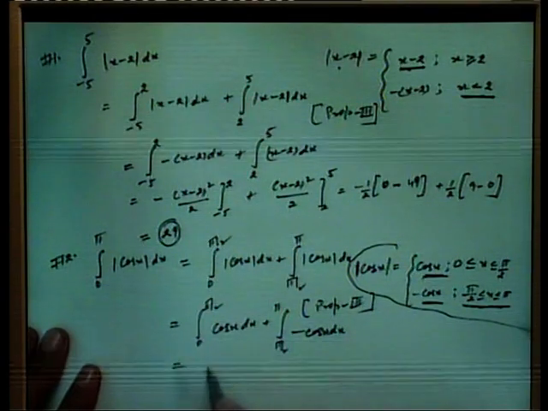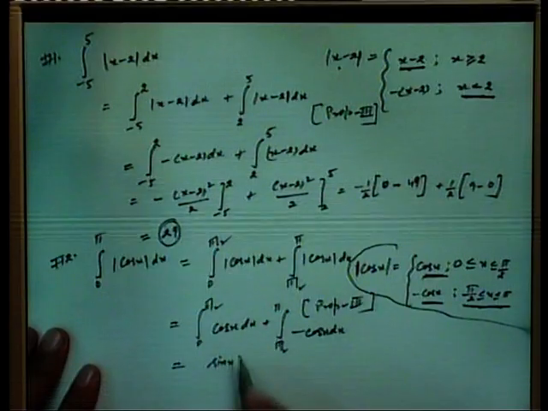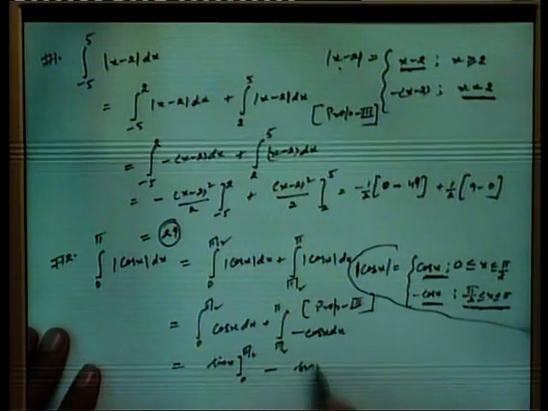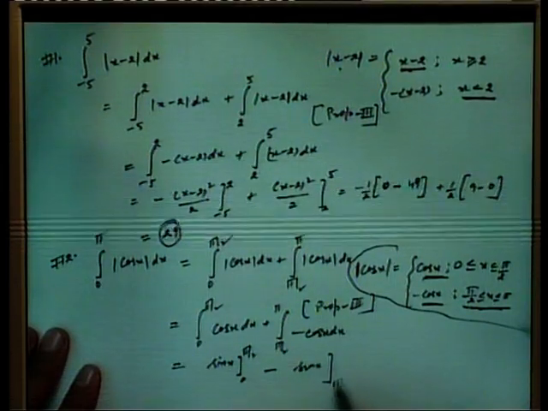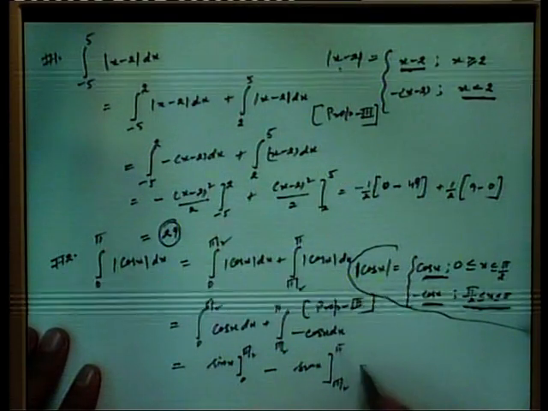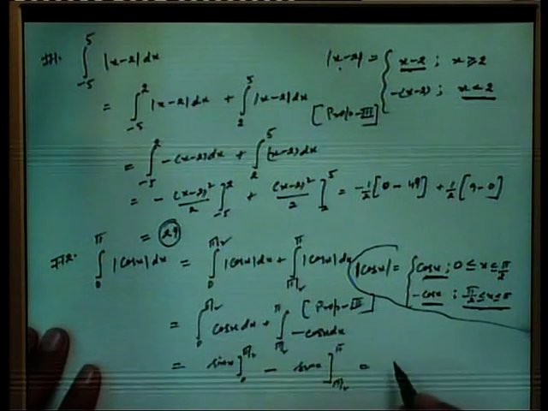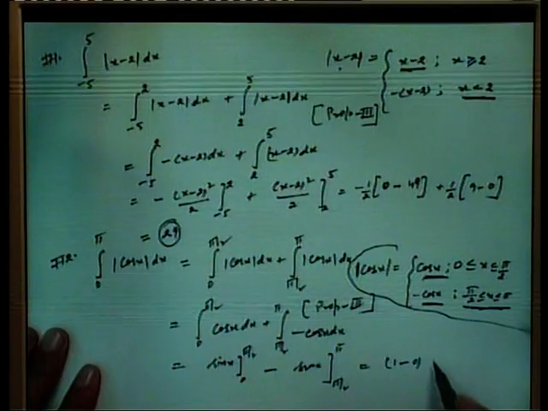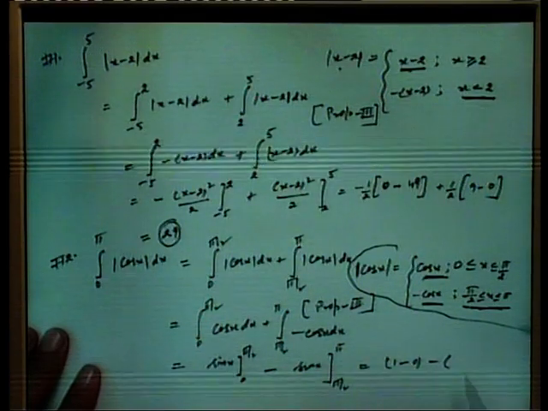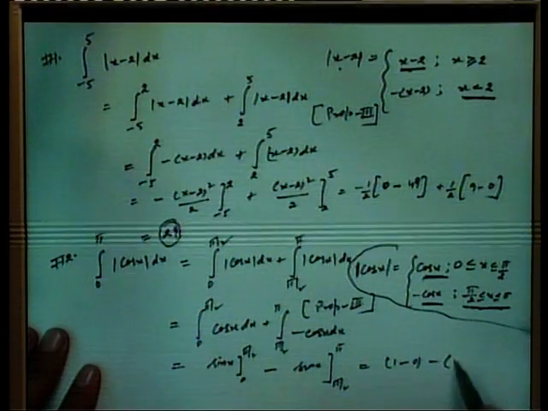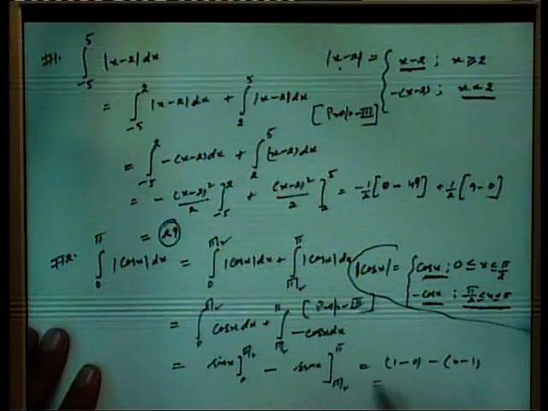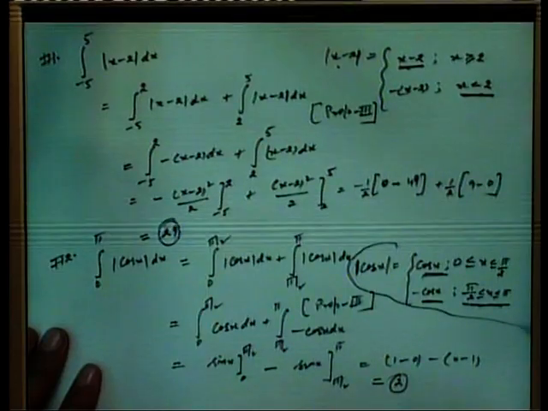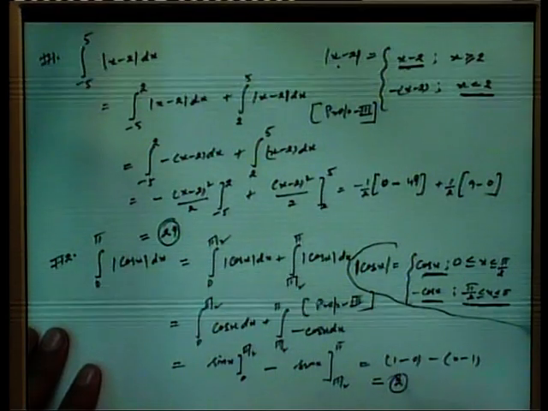The integral of cos x is sin x, from 0 to pi by 2, and again from pi by 2 to pi. Putting the upper and lower limits in the first integral, you get 1 minus 0. In the second integral you get sin pi, 0, minus 1. So after solving you get 2. So another definite value, the answer is 2.